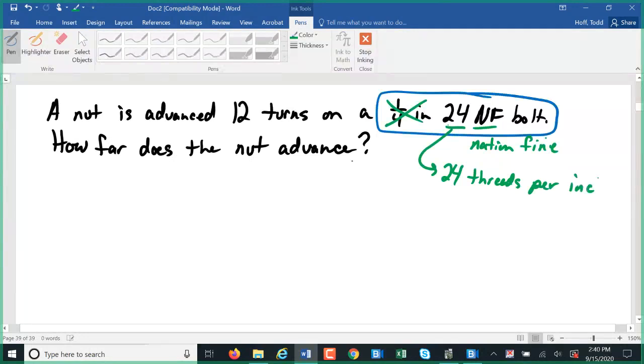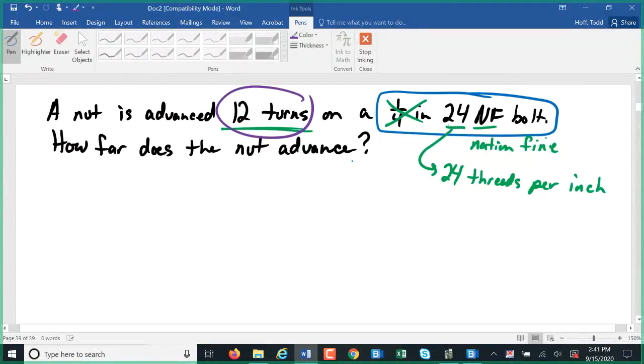In other words, 24 threads equals 1 inch of bolt. 12 turns means every 1 turn it advances 1 thread. So 12 turns means it has advanced 12 threads.